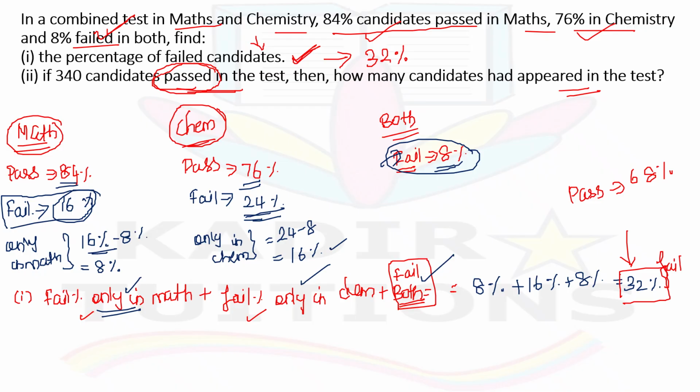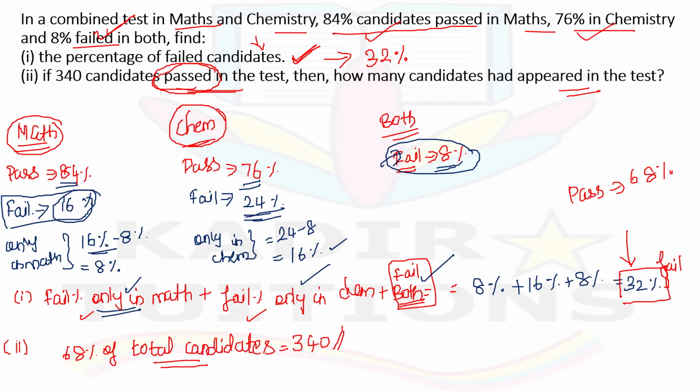What they are saying is, 340 candidates passed in the test. So this 340 candidates is actually 68 percent of the total candidates, right? 68 percent of total candidates is equal to 340. From this statement we are supposed to find the total number of candidates.